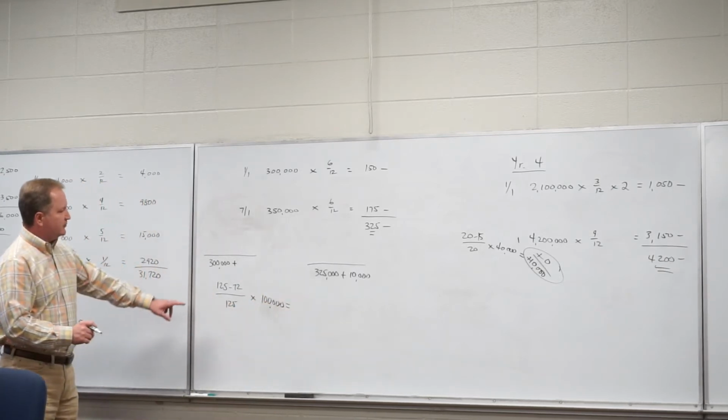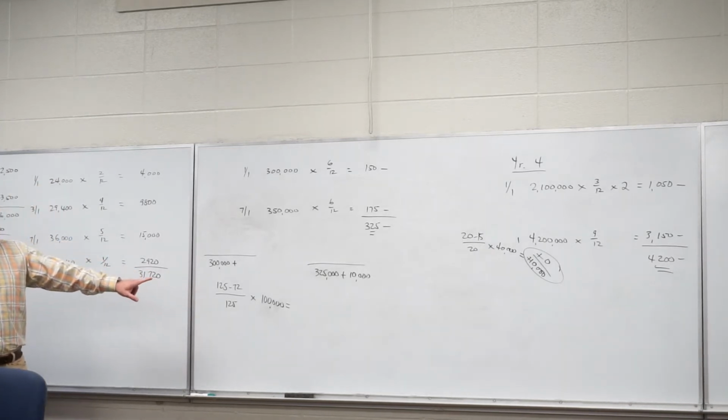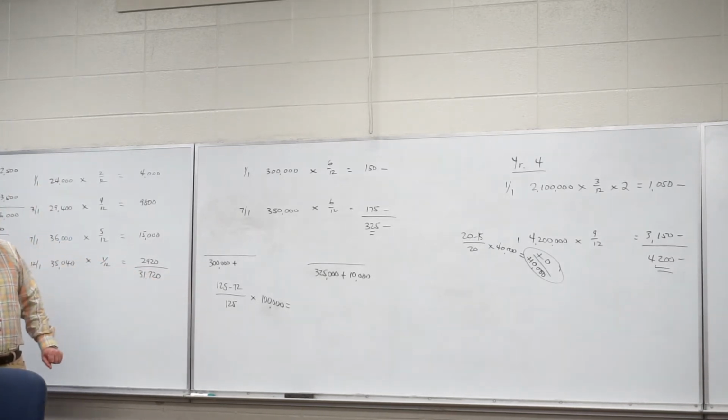Somebody please do the math. What's 125 minus 72 divided by 125? And then multiply that times 100,000. 42,400.